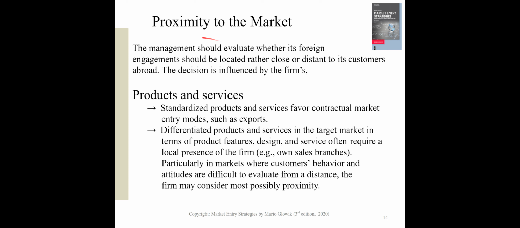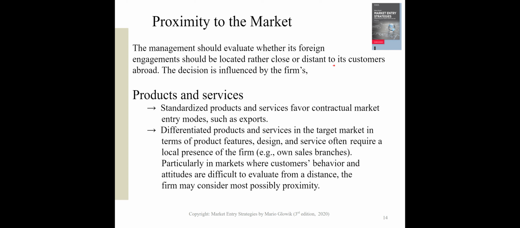The third category, the strategic category, is called proximity to the market. Here the management should evaluate whether its foreign engagements should be located rather close or distant to its customers.